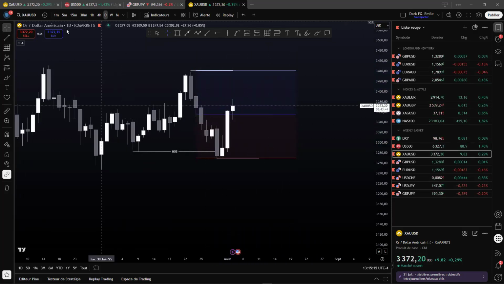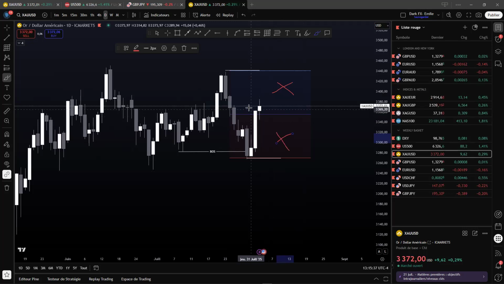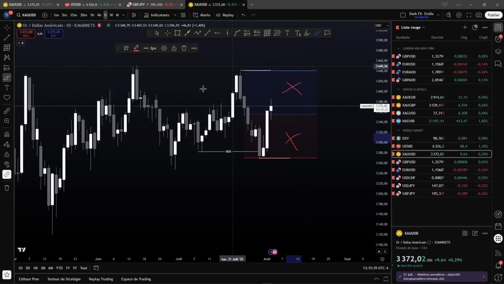You can use the Fibonacci tool or the Gann tool. It's the same thing, just something that will help you divide this in two. Once you divide it in two, you have premium and discount. In this zone you have to sell and in this zone you have to buy. Good?